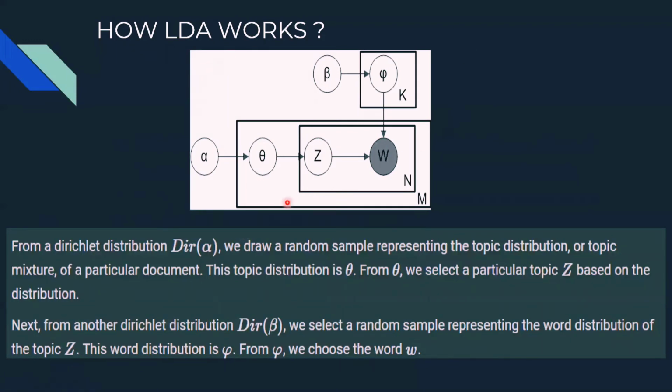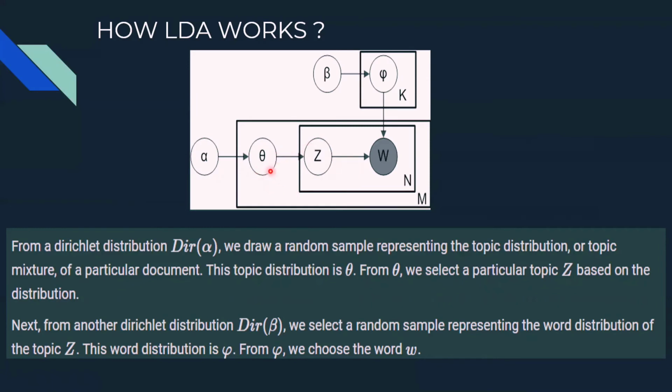How does LDA work? This is a very mathematical concept as well. We have two Dirichlet distributions, alpha and beta. From the Dirichlet distribution alpha, we draw a random sample representing the topic distribution theta, and from theta we take a particular topic called z.